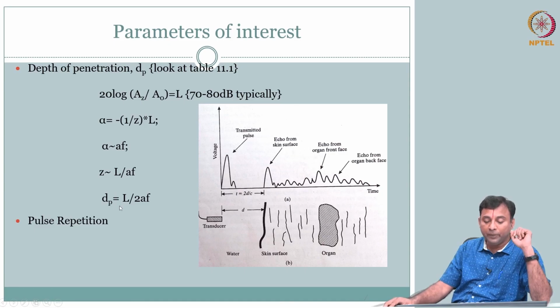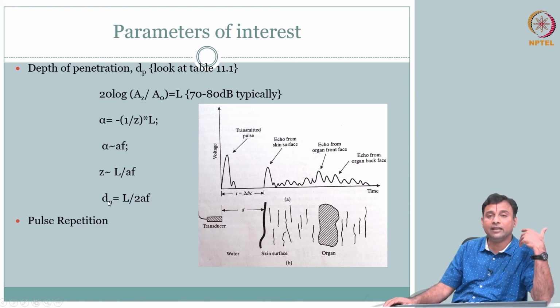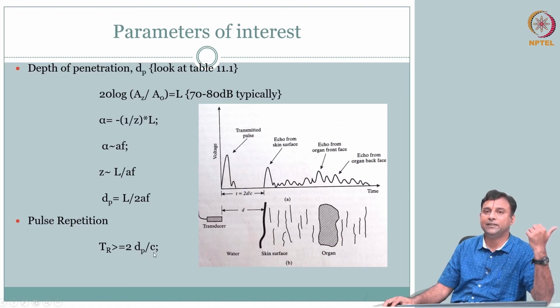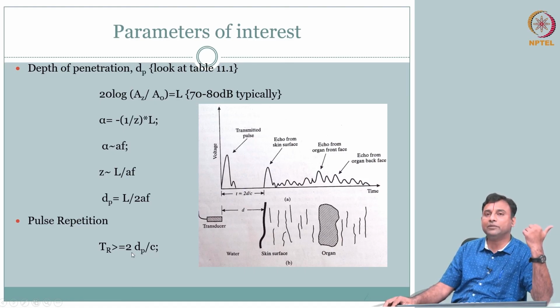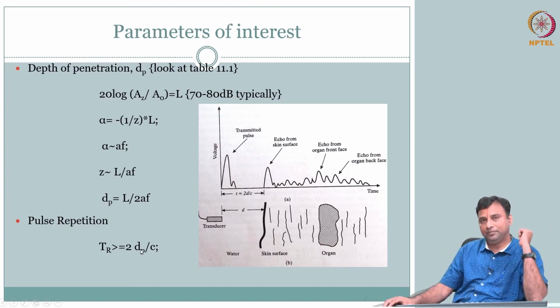Pulse repetition is going to depend on how deep you want. Of course, this is depth. Repetition is usually in time, so we can always relate depth, distance to time in terms of velocity, right. So you can write your time for repetition is nothing but 2 dp by c. C is your velocity, again 2 times the depth you have to account for. That's go and come.